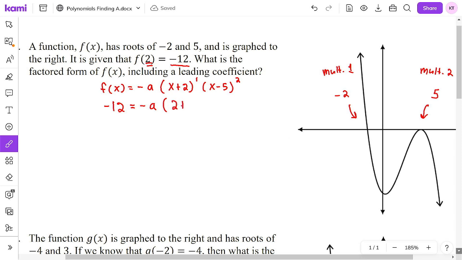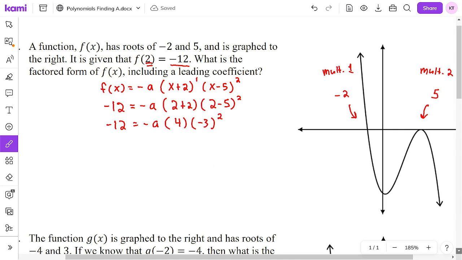So 2 plus 2 times 2 minus 5 squared. And now I'm just going to go ahead and simplify this and now solve for a. So doing that, I will go ahead and have -12 is equal to -a times 2 plus 2, which is 4. And then 2 minus 5 will give me -3, and that is going to be squared.